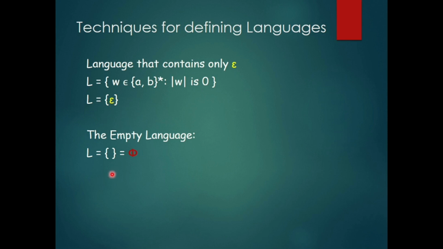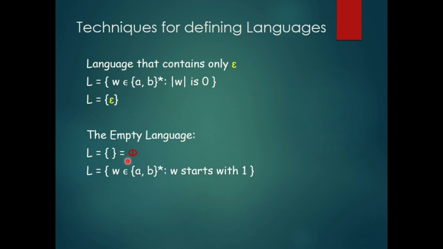Now the empty language. Here it's a special kind of language where the language itself is empty. You have to note the difference between the two. This language, which consists of epsilon, is entirely different from a language that doesn't contain anything.